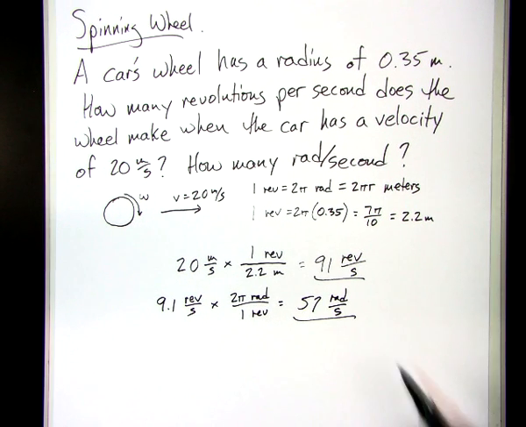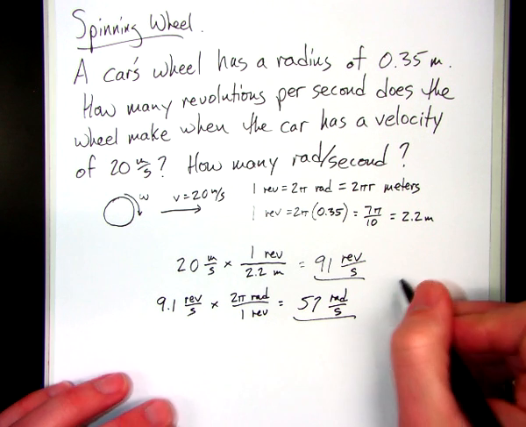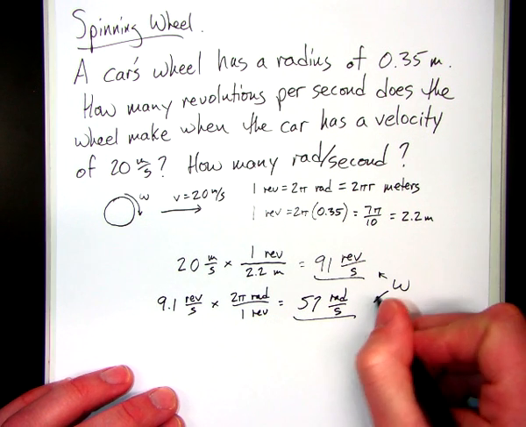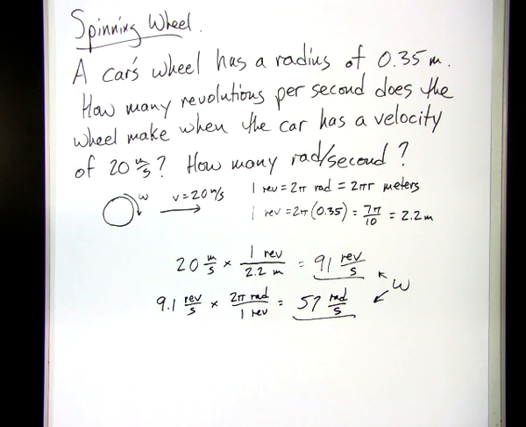So this is two ways to write omega. Those are both expressions of an angular velocity, omega. Revolutions per second, radians per second. And they're related to each other by 2 pi.